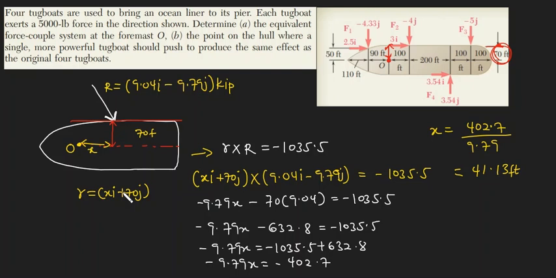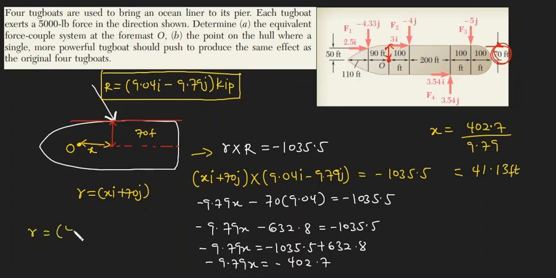So what that means is that the single force that the single tugboat will exert will be the same as the forces that all the four tugboats exerted on the ocean liner. And for it to cause the same rotational effect on the ocean liner, we must place it at this position.